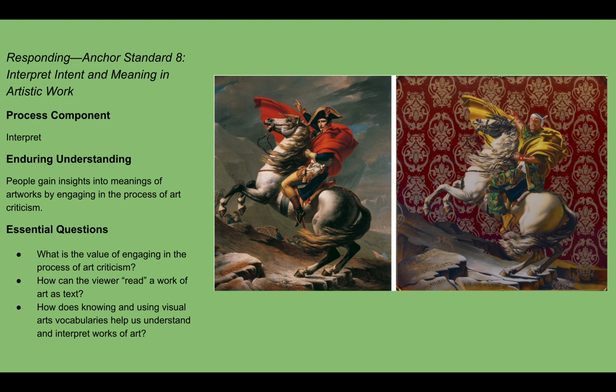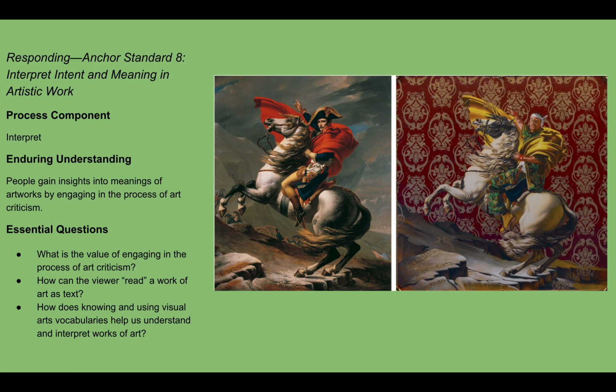And so I've chosen the Napoleon painting on the left, and then Kehinde Wiley's take on that is on the right. And so there's a lot to unpack with this, and one of the parts of this standard is having vocabulary that will allow you to discuss your interpretations.